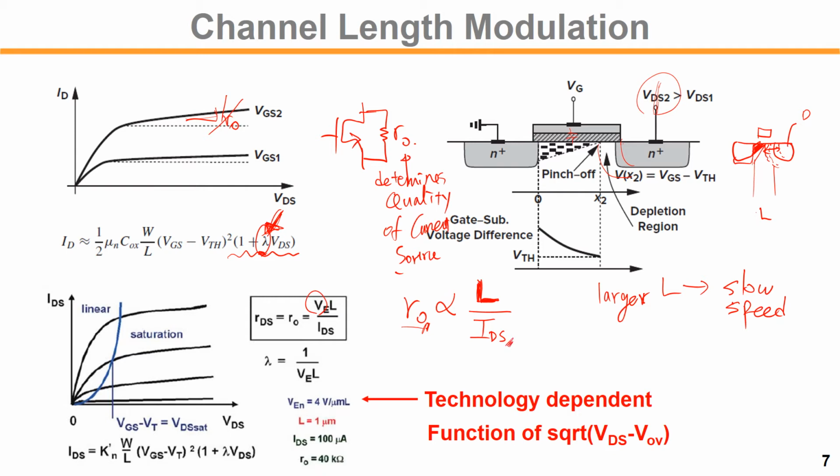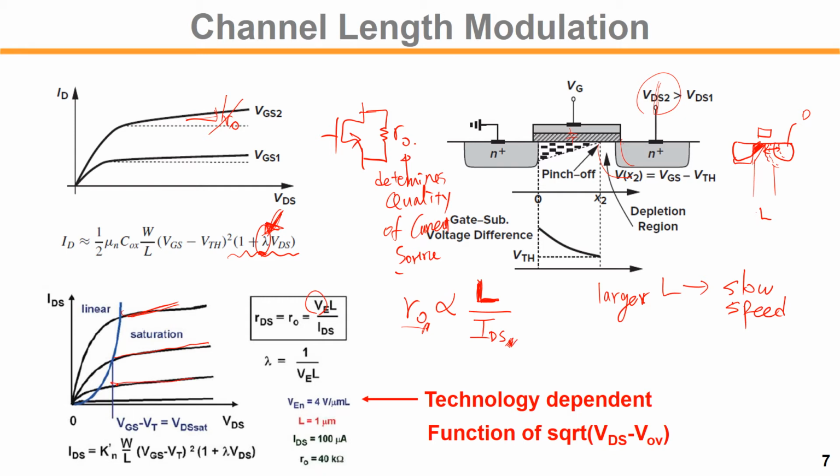Also, a smaller current will increase RO. As you can see slightly here, if a larger current flows, the slope gets steeper, meaning RO will become smaller.